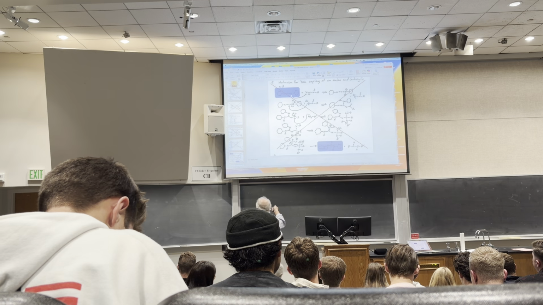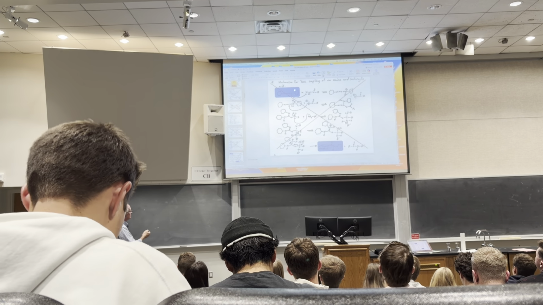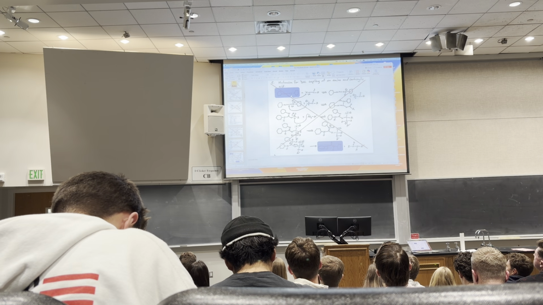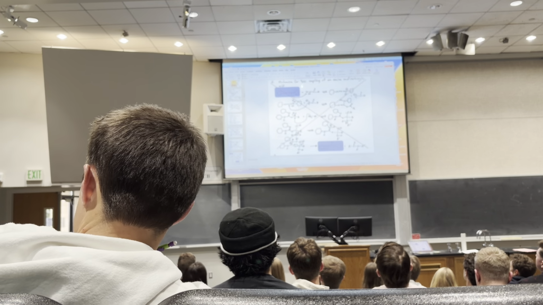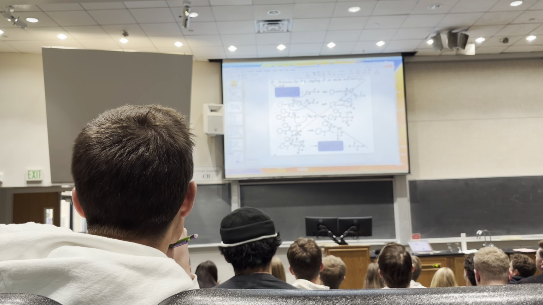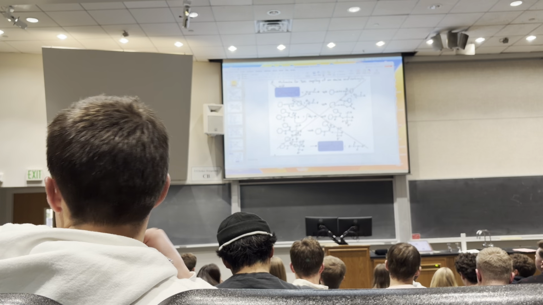This reagent is called DCC. Maybe on Wednesday, maybe today, I don't feel like writing it. It takes a while to write, but I can tell you what DCC stands for. It stands for dicyclohexyl carbodiimide.